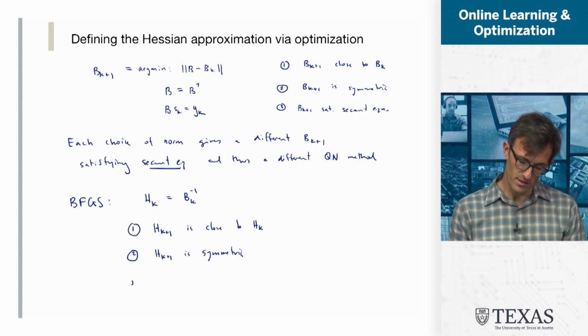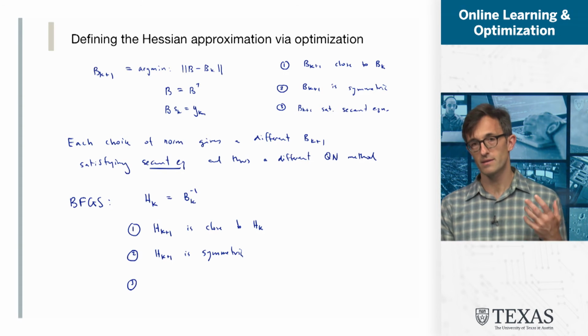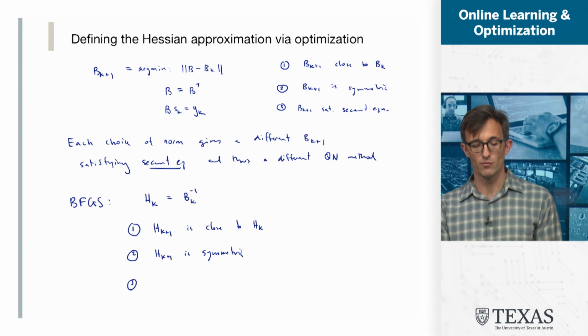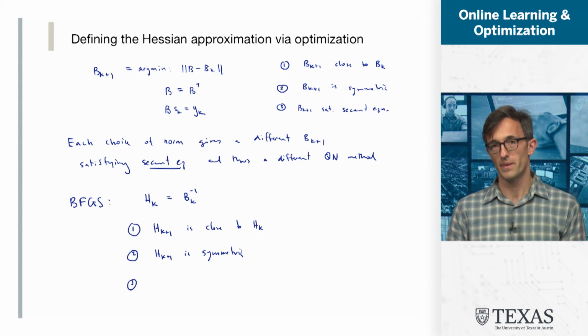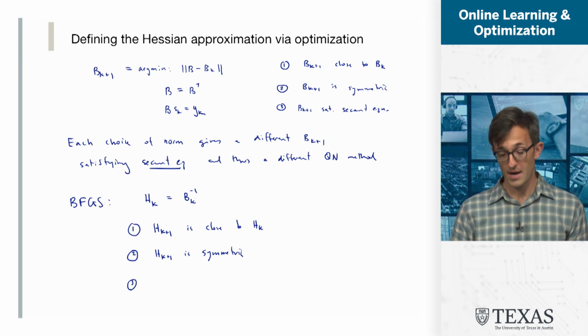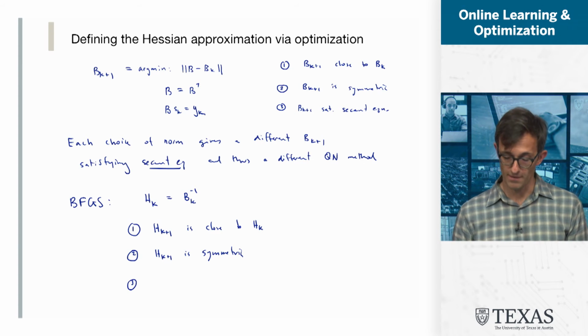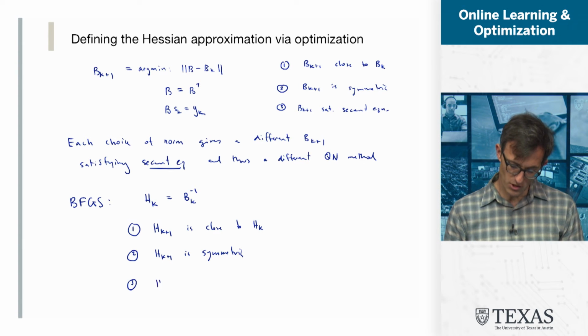And finally, the all-important, defining aspect of what we've done so far, the secant equation, you can see that I can equally well express it with H_k instead of B_k. So H_{k+1} satisfies the secant equation.